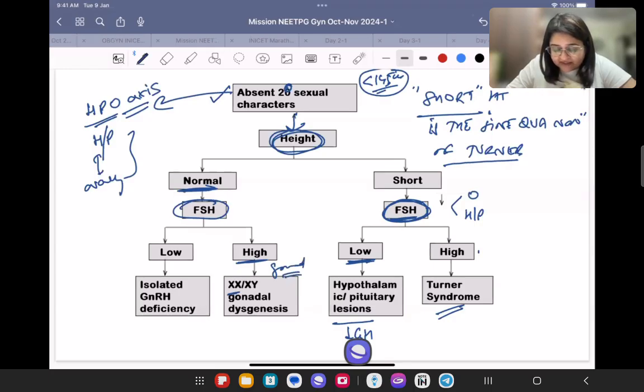This could be XX, since we've ruled out 45 XO, so it could either be pure gonadal dysgenesis or Swyer syndrome. And if the FSH is low, the problem is in the hypothalamus or pituitary. A common condition I've written here is isolated GnRH deficiency. So this is how you differentiate between them in questions.